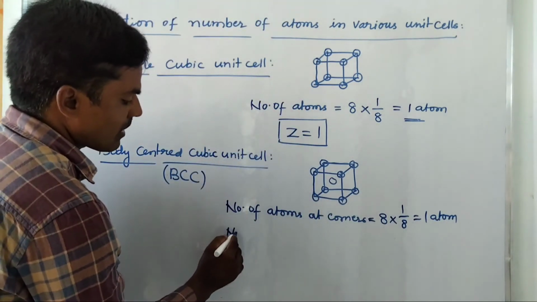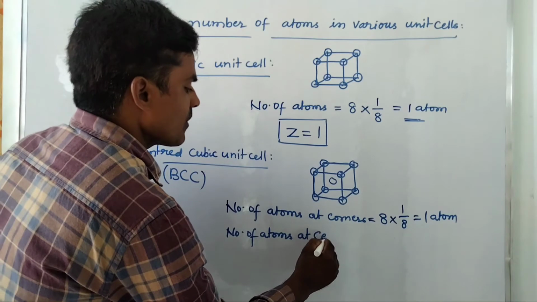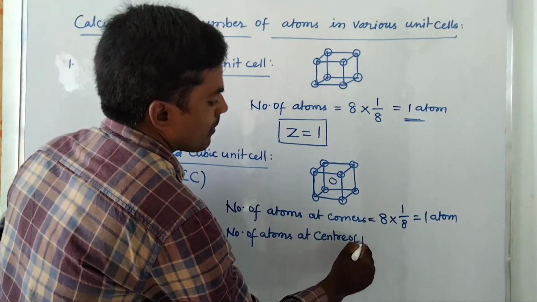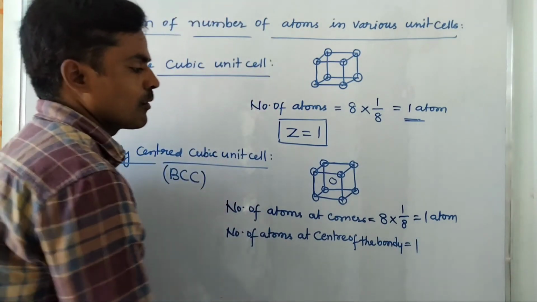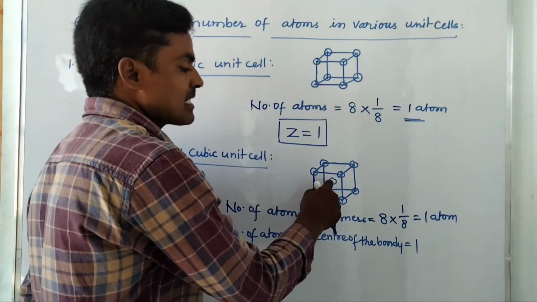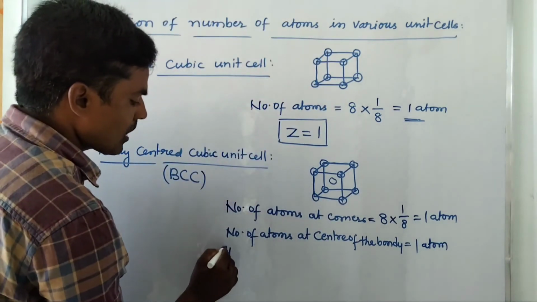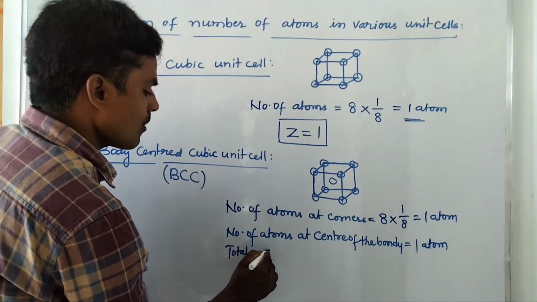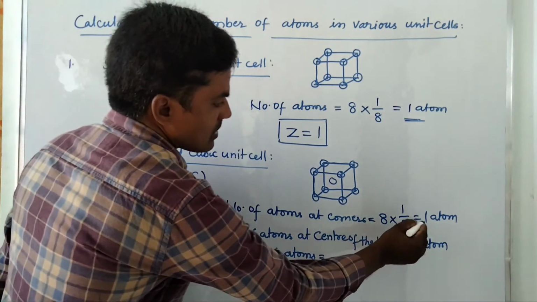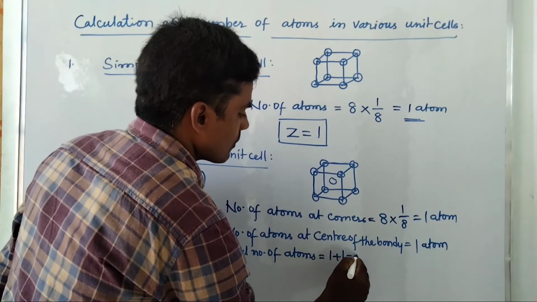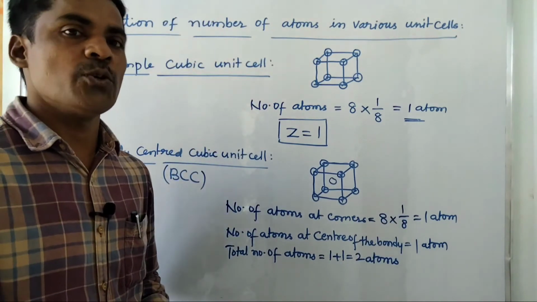Then the number of atoms at the center of the body equals 1. So the total number of atoms in a BCC unit cell is 1 plus 1 equals 2 atoms.